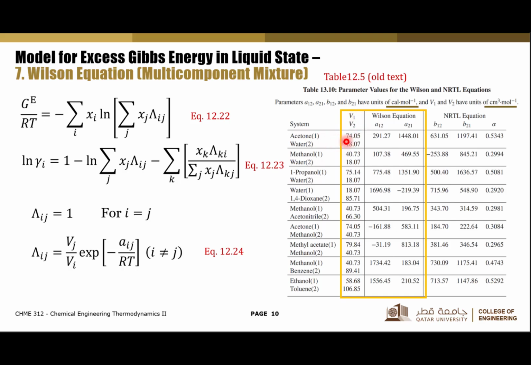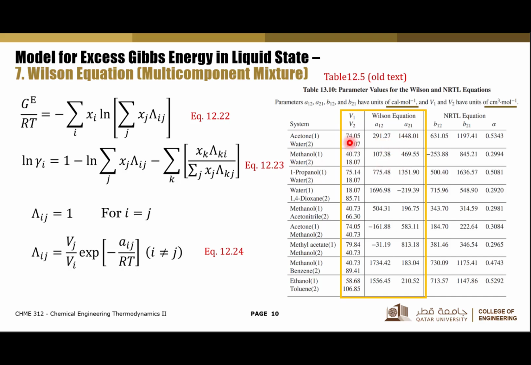So acetone's molar volume is 74.05 centimeters cubed per mole. Okay, so the units are up here. And these are typically taken at a temperature of 25 degrees Celsius. Then the Wilson equation parameters, right? So this is the energy interaction parameter. a12 and a21 are given here.